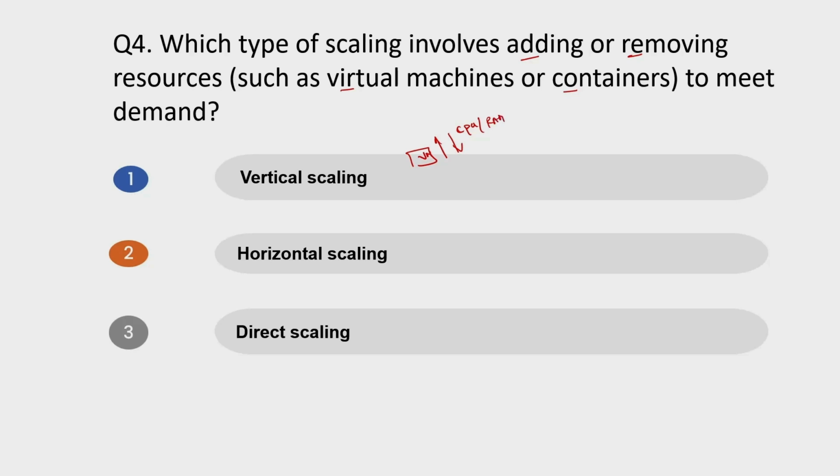Either we increase the CPU or memory, or we decrease the CPU or memory. So this is vertical scaling. Basically we require a reboot whenever we increase or decrease the CPU or memory on the virtual machine.